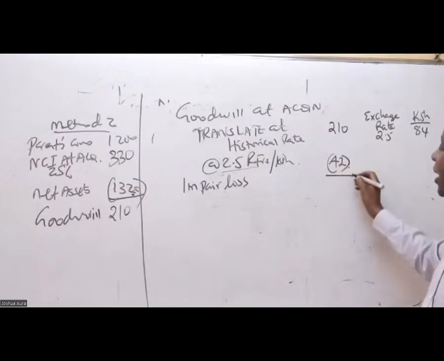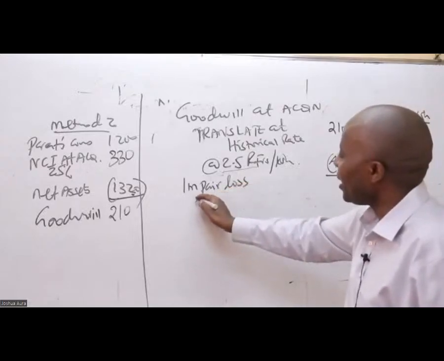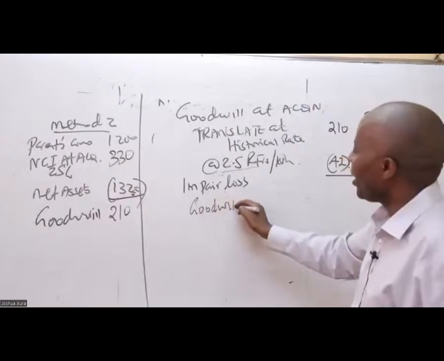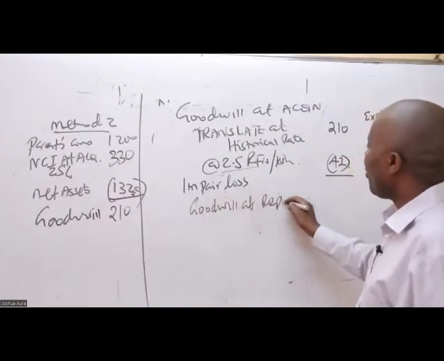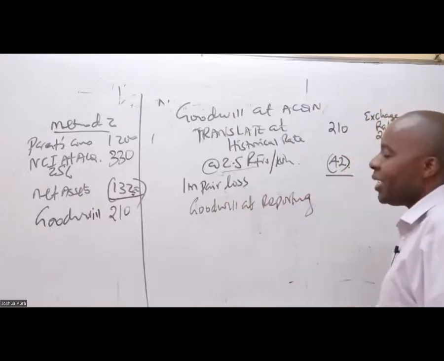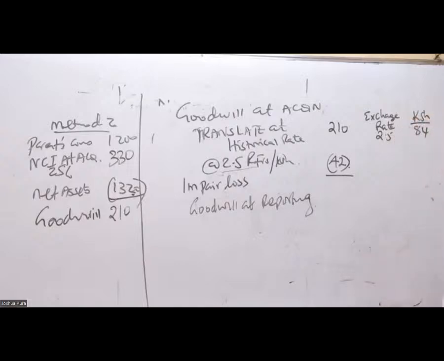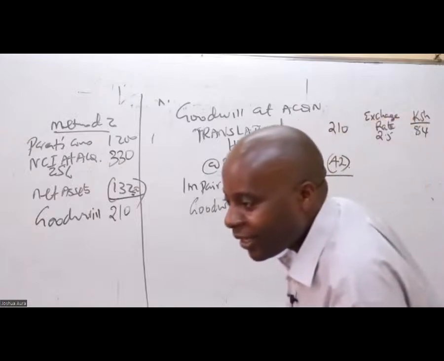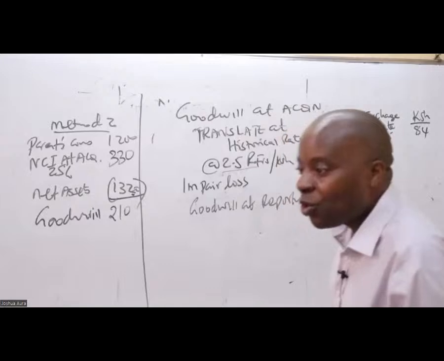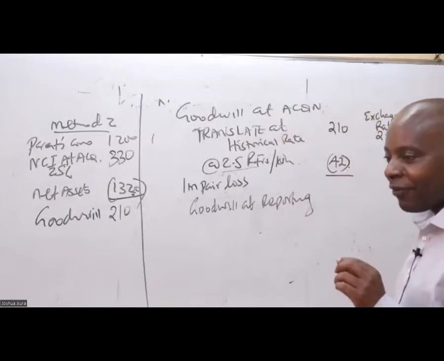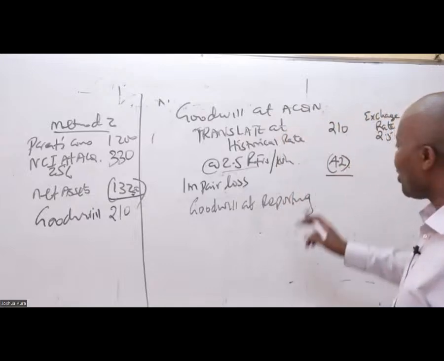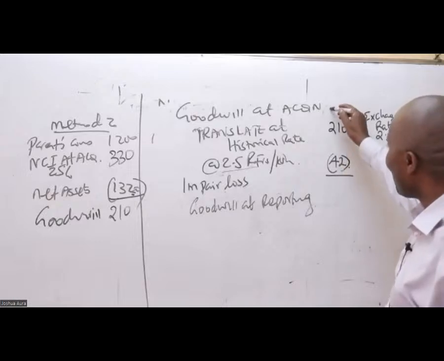So if you subtract in this case, what do we have as goodwill at reporting? Goodwill at reporting comes to how much when you subtract? Remember, this 42 is in Rwandese francs.